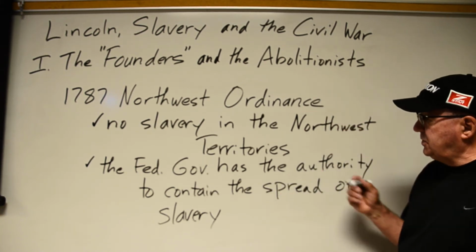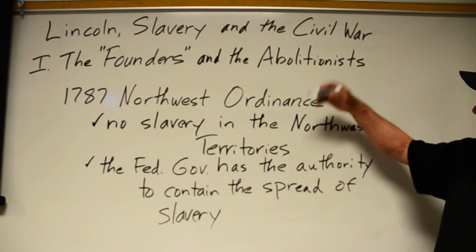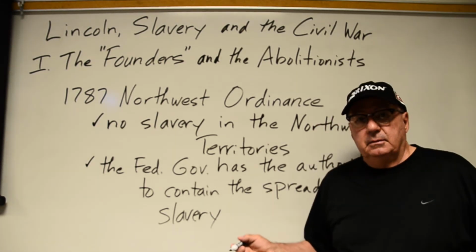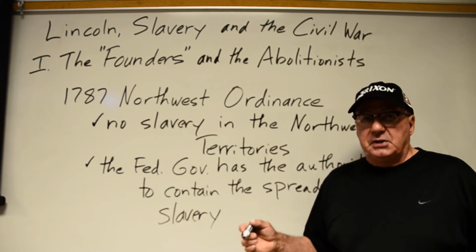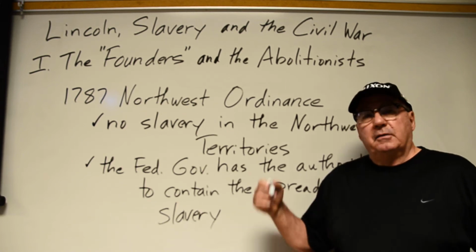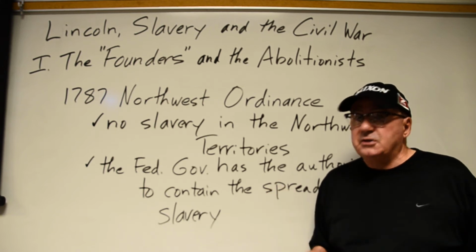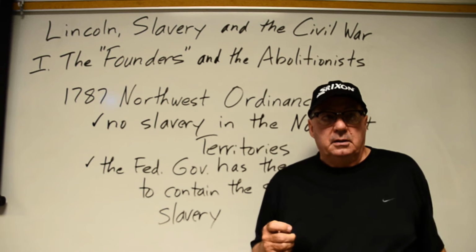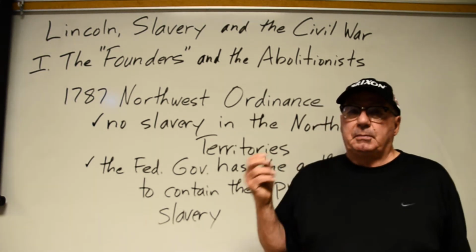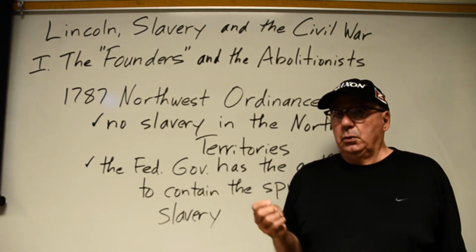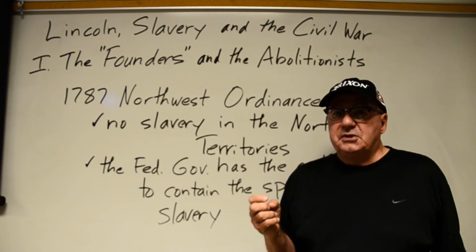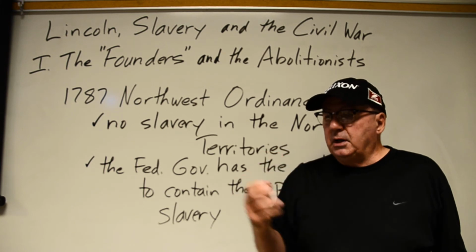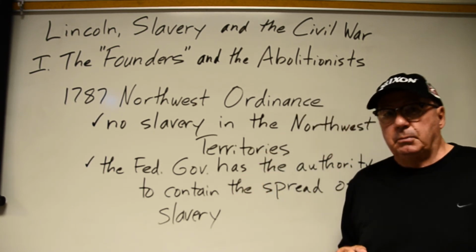None of the new states that would be created out of this Northwest territory would be allowed to have slavery. And this is an amazing precedent which is set. The federal government has the power to contain the spread of slavery. Later on, in the middle of the 19th century, Lincoln and the Republicans will bring this up again, and they're going to argue that principle needs to be reintroduced, and that will become a major plank of their Republican Party.